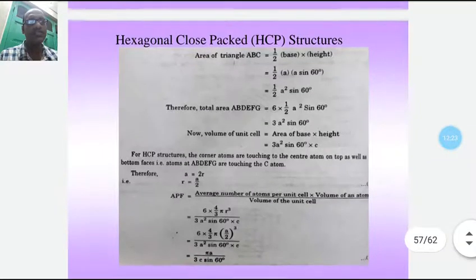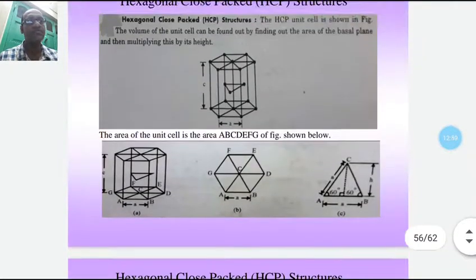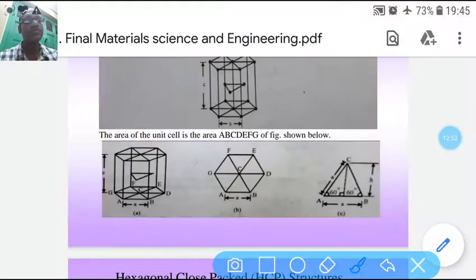Now for the HCP structure, the corner atoms touch the center atom on the top as well as the bottom faces, that is, atoms at A, B, C, D, E, F, G are touching the center atom. As we can see, here is the base. Here 1, 2, 3, 4, 5, 6 atoms are there at the face, and one face atom is there at the bottom face.